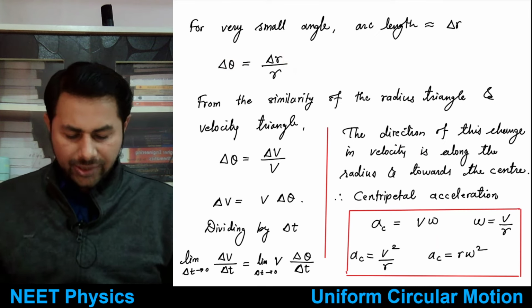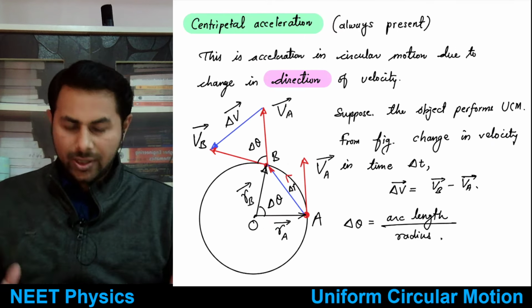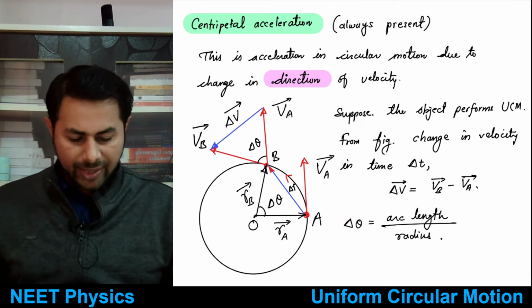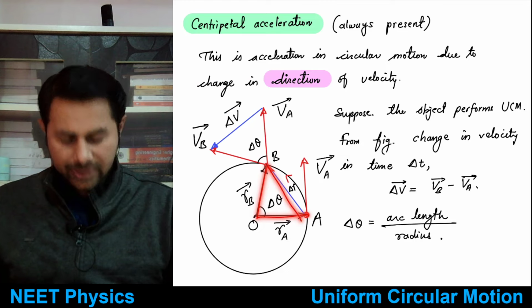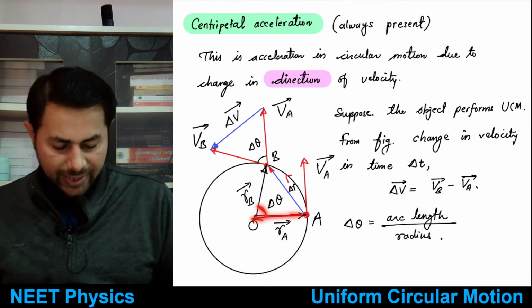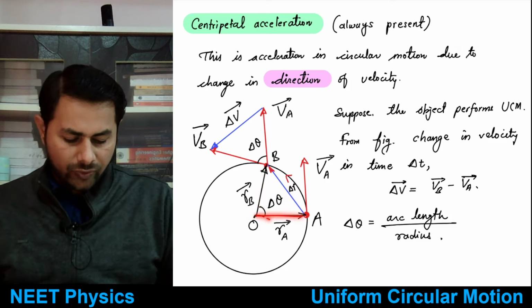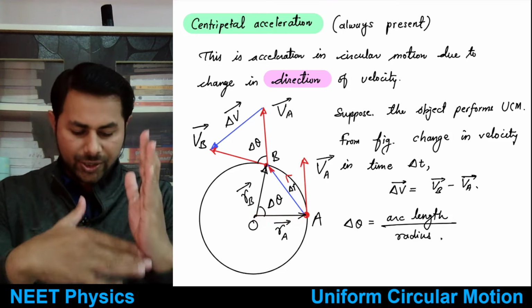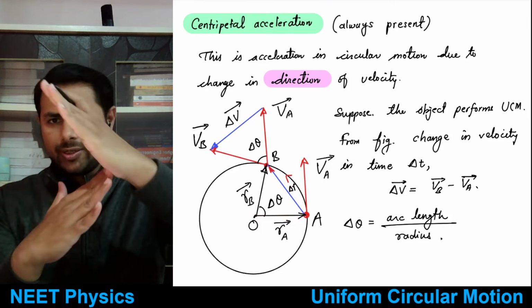One more thing: if you look at this triangle, this side and this side are equal, and this angle is delta theta. Now velocity is perpendicular to the radius, because it's in the tangential direction. So if you move the radius by an angle theta, the velocity will also move by an angle theta. The angle that we have taken is delta theta.